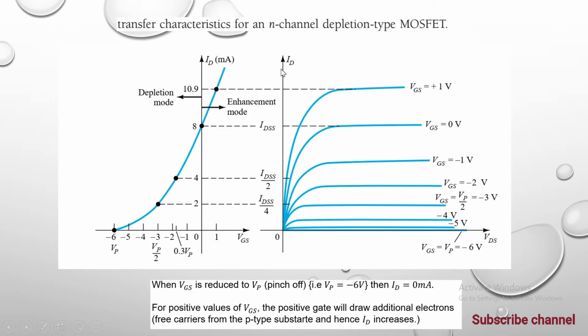This is the diagram of the transfer characteristics for an n-channel depletion type MOSFET. In this diagram, we can see that when the value of VGS is 0, we have 8 milliamperes, for example, the value of maximum current or saturation drain to source current.